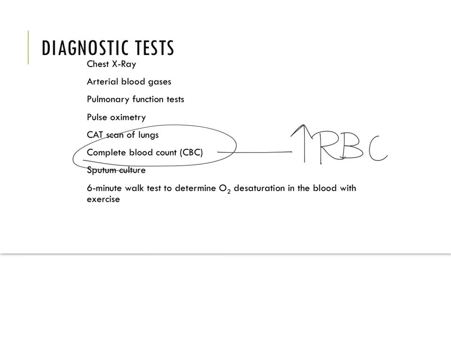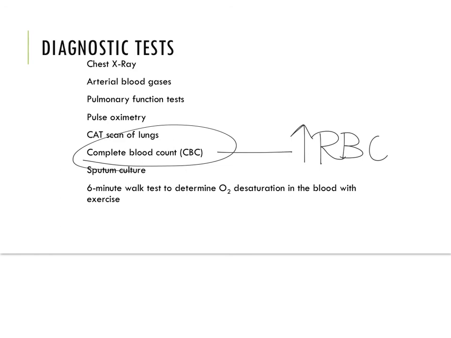And then there is a test where they actually have to walk. Prior to them walking, we will see what their O2 sat is, have them walk or exercise for a set amount of minutes, and see what their O2 sat is afterwards to determine what kind of desaturation occurs.